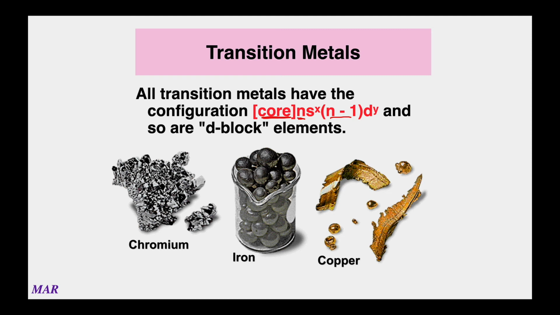For example, if you wanted to know the electron configuration of titanium, Ti, number 22, it has an argon core, it has a 4s2, where the n comes from the period number, which is 4, and then the d's go in n-1, 4 minus 1, which would be 3.